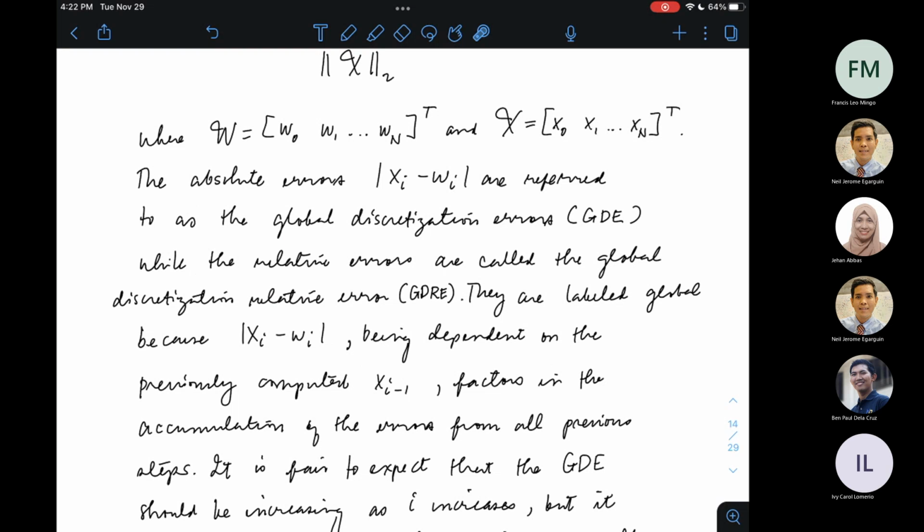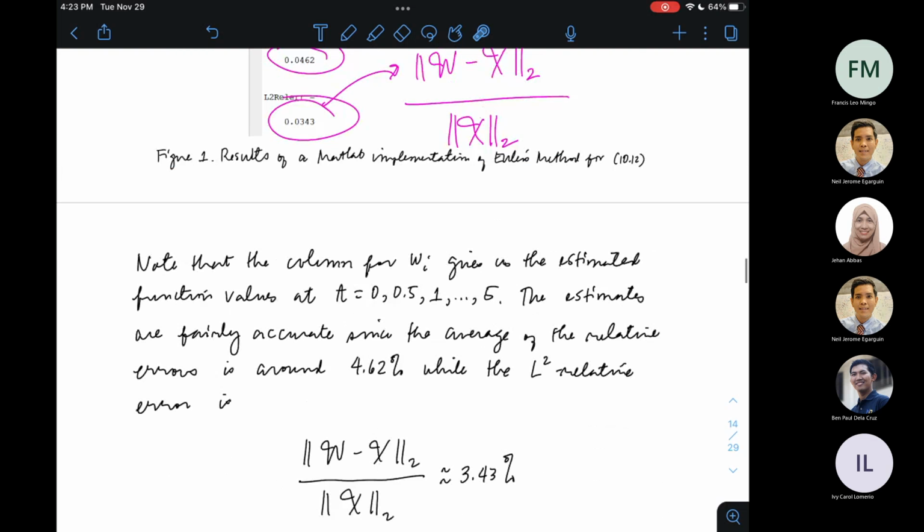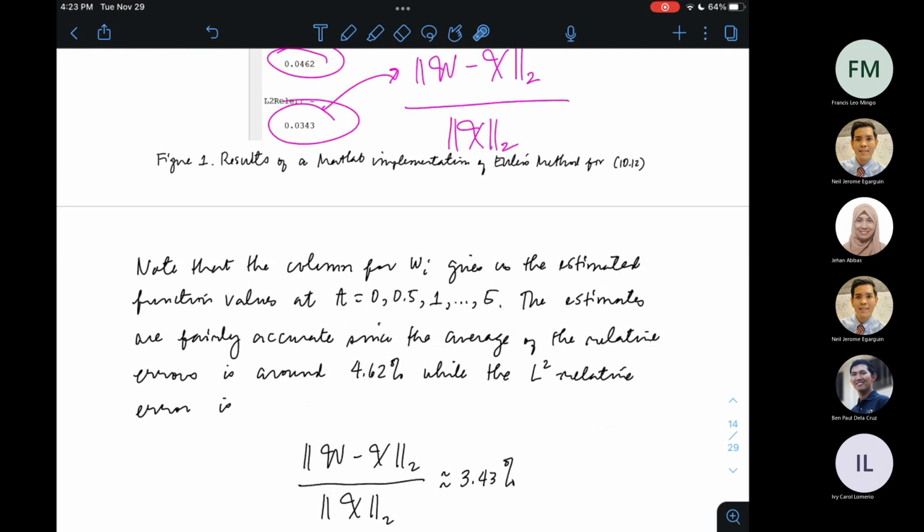Well, it might seem odd at first sight kung bakit siya tinawag na global. Local naman yung ginawa mo, nag-subtract ka ng x sub i minus w sub i. So your focus is on the specific t sub i.